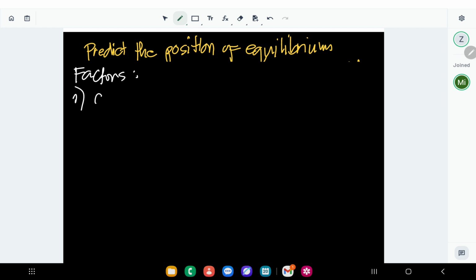Okay, the first one is the atom. So what are we going to compare for atom? The molecular structure. Yeah, you will look at the atoms first. Yes, the charges. So the atom bearing negative charge in the conjugate base. So you compare that. Which one is your conjugate base?